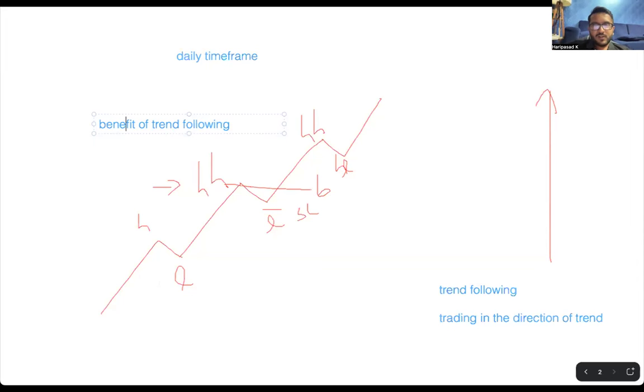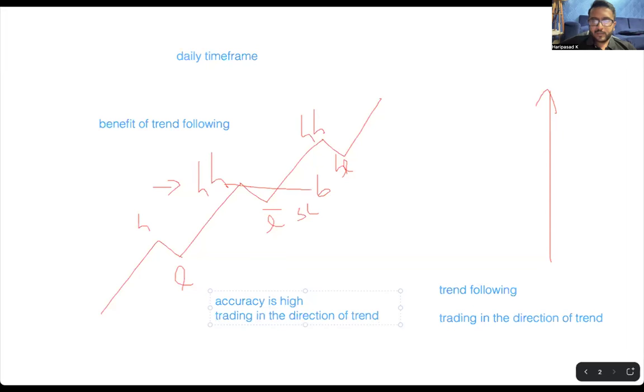Okay. So the benefit of trend following is that your accuracy is high, simply for the fact that you're trading in the direction of the trend.